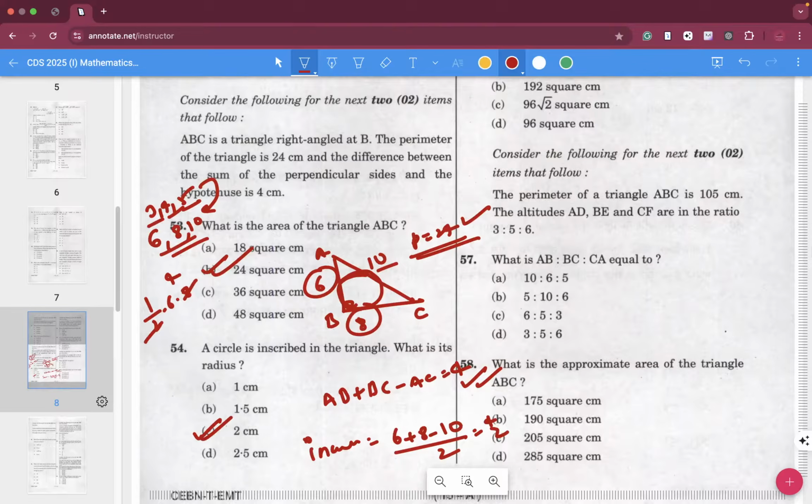So, a plus b minus the hypotenuse, divided by 2. This is the formula for the inradius of a right angle triangle.